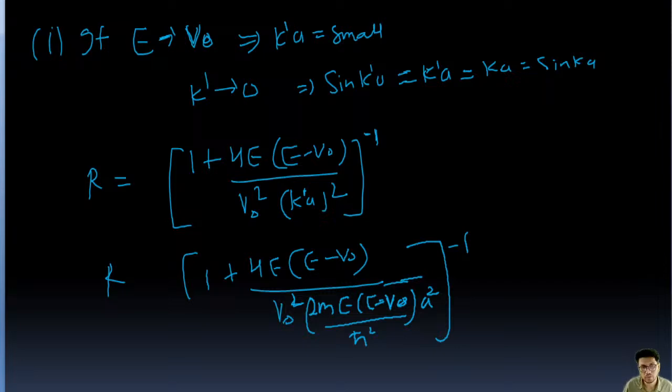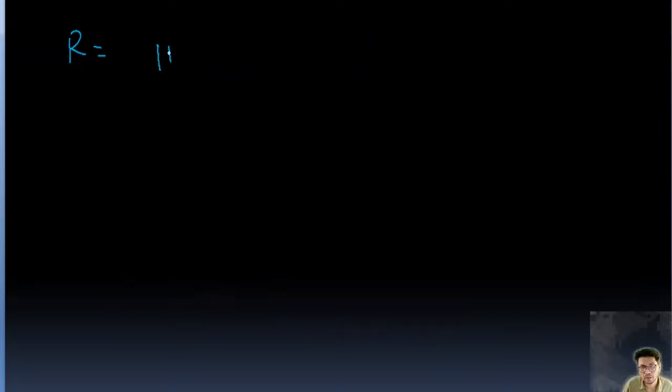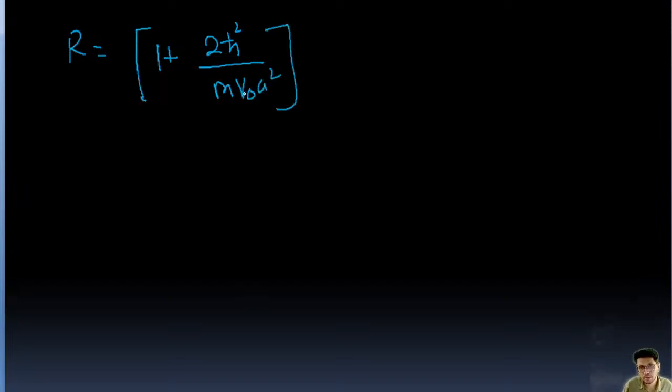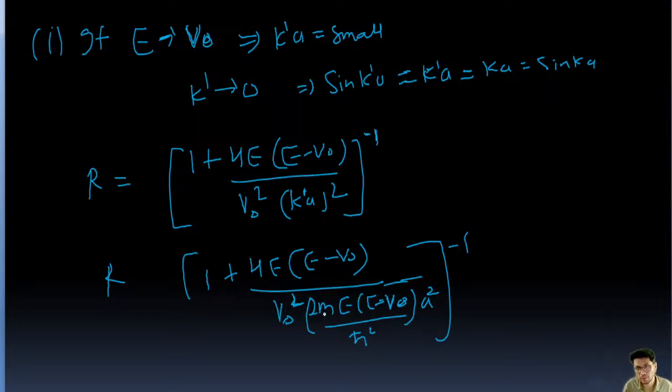So then the value of R is going to be 1 plus 2h cut square upon m V0 a square, because here h will go up, 2 will cancel 4 by 2, and then E is almost equal to V0, so it will get cancelled.